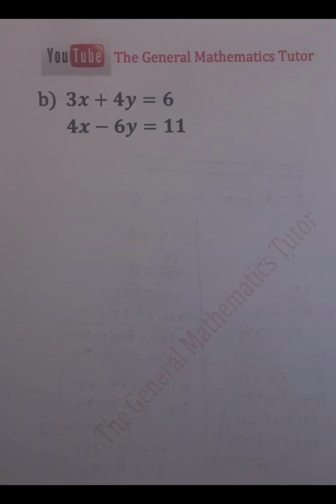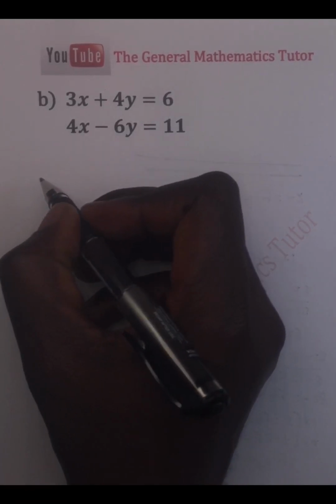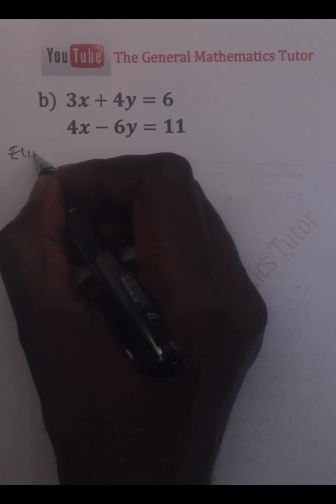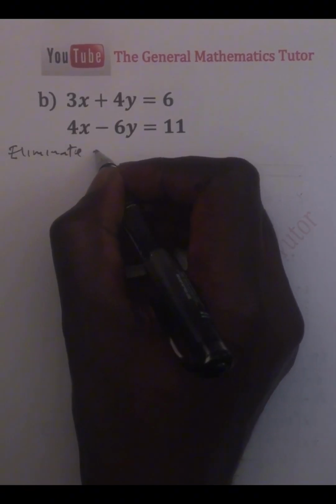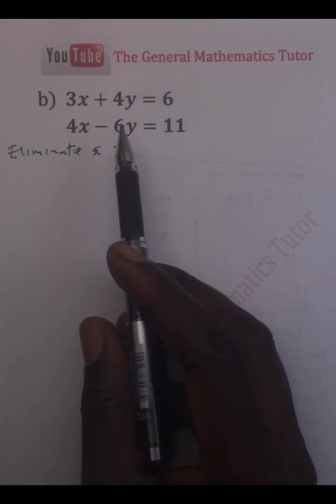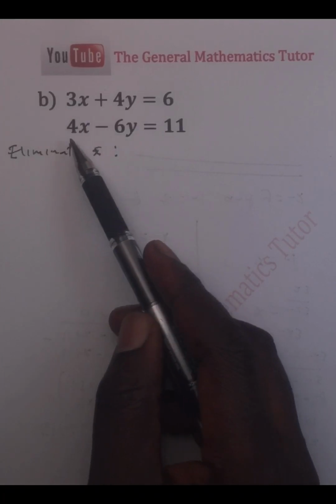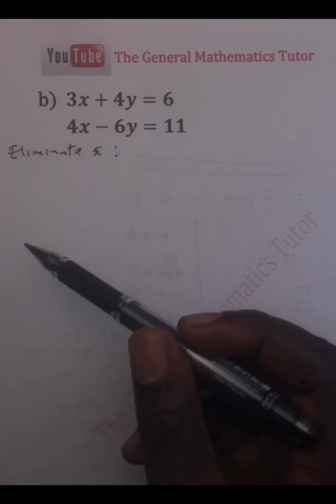Part B, 3x plus 4y is equal to 6 and 4x minus 6y is equal to 11. So we can first of all eliminate x. For us to be able to eliminate x, we have to make sure that the coefficient of x is the same for both equations.